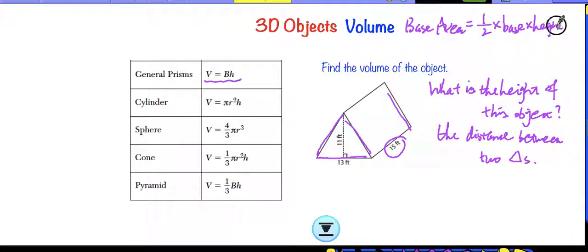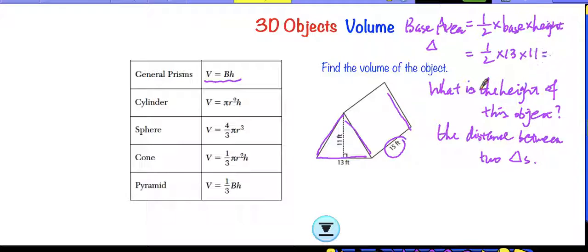This height, remember, is the height of the triangle. So the base area, this is a triangle here, so it's half times the bottom side of the triangle, which is 13, and also the height of the triangle, which is 11.